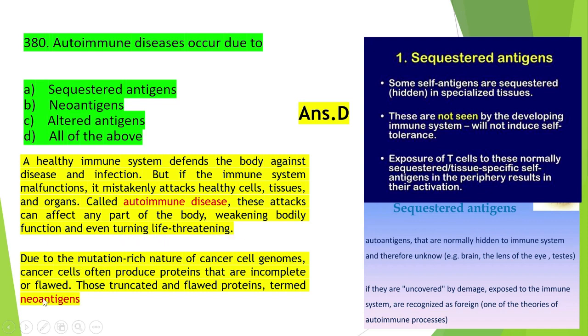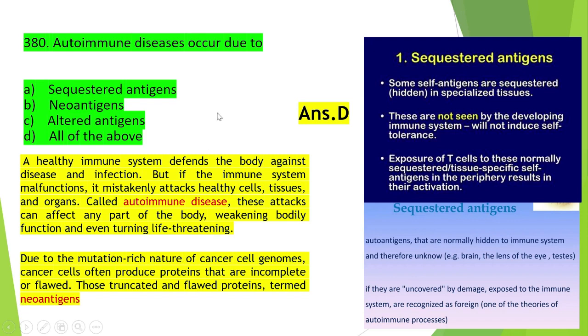And what is a neoantigen? Due to the mutation-rich nature of cancer cell genomes, cancer can often produce proteins that are incomplete or flawed. These truncated and flawed proteins are termed neoantigens. So understand the sequestered antigens, autoimmune disease and neoantigens.